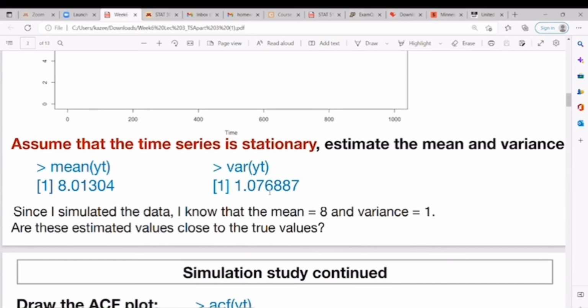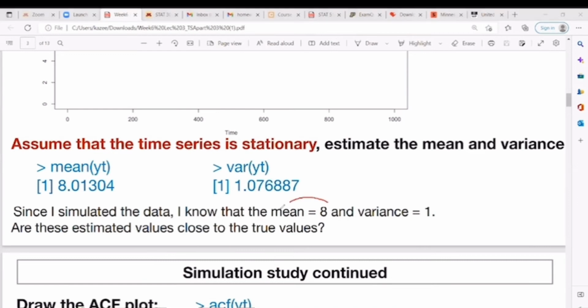That is why I said, since I simulated the data, I know that my mean equals 8. Initially, I used the fact that the mean equals 8 and the variance equals 1 to simulate the data. But at the end of the day, when I have my data set and find the mean and variance, they are not exactly the same. But what I can see now is that the values I got are very close to the true mean.